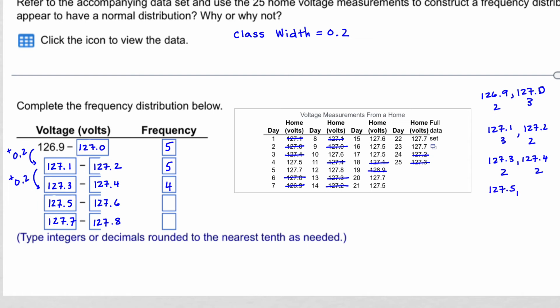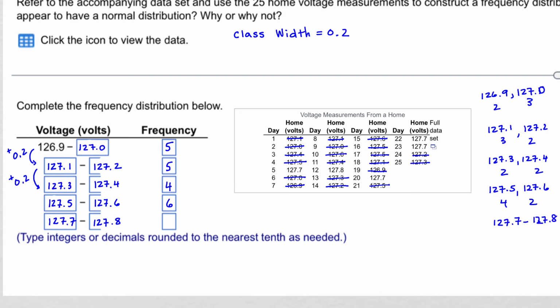And then 127.5, 127.6. 5 is 1, 2, 3, 4, 4 for that. 1, 2, 6s, so there's 6 for that group. And then finally 127.7 and 127.8.